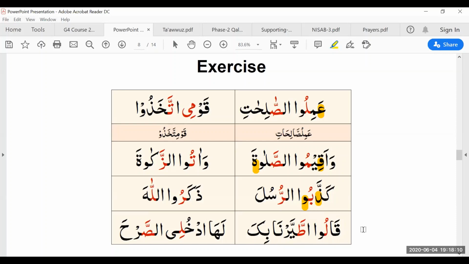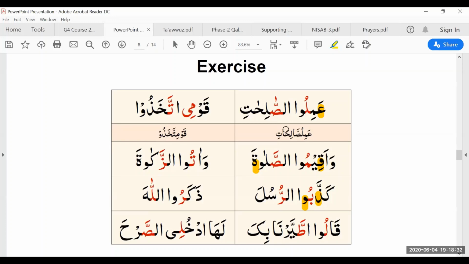L215. The first is the ain. It should be amilu swalihati, and swad should be clear, slightly heavy, and not like a seen. So we have to differentiate between the sounds.